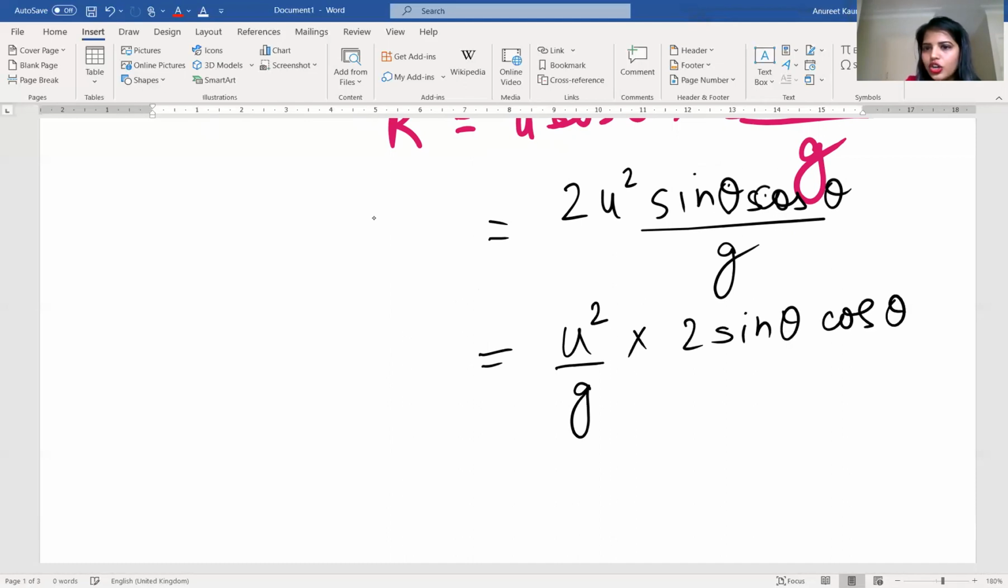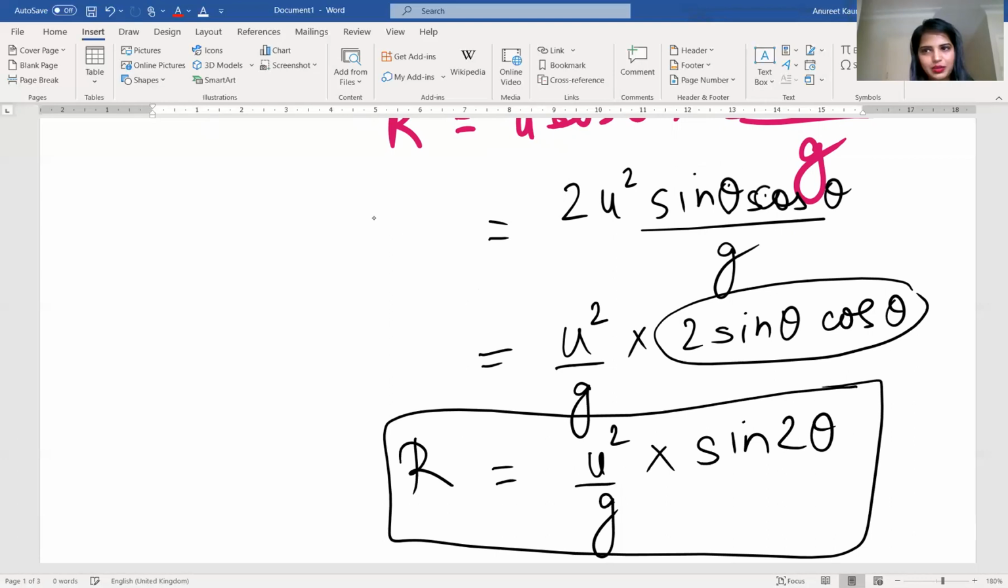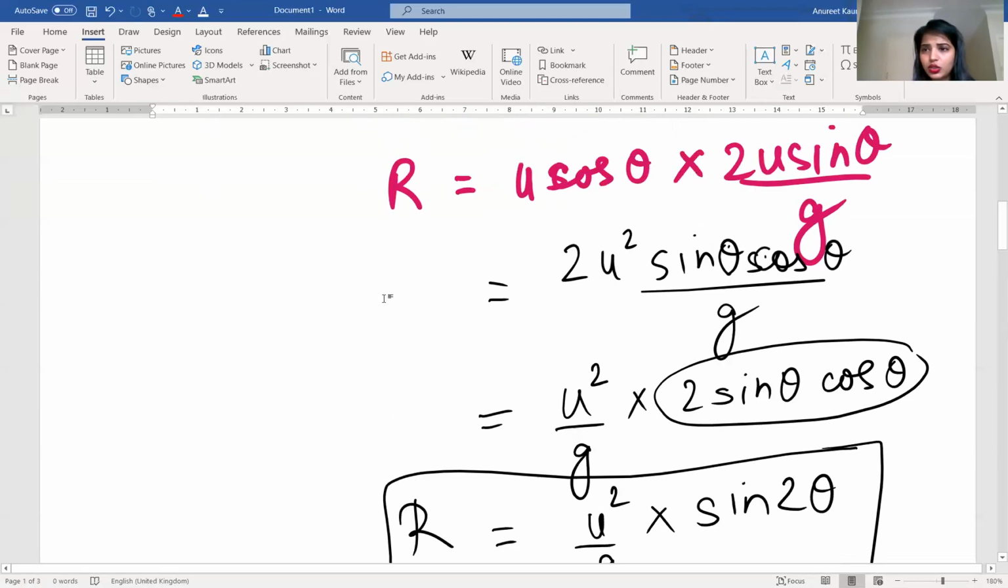According to trigonometric identities, 2 sine theta cos theta is nothing but sine 2 theta. So this is my formula for horizontal range in angular projectile motion. I hope you guys understood the time of flight, horizontal range, and vertical height achieved in angular projectile motion.